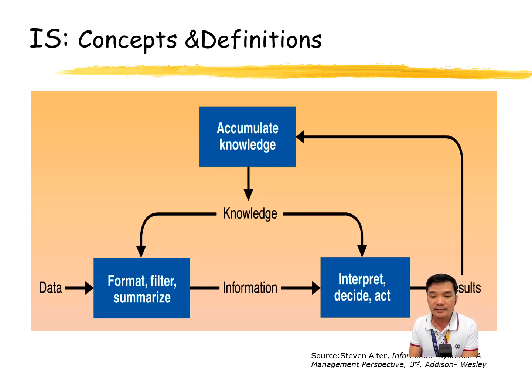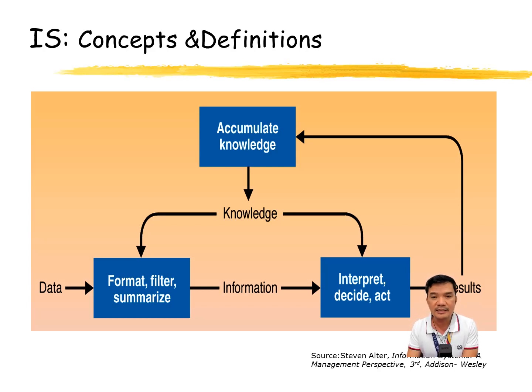Next, we need to interpret, decide, and act. That's the basic definition of information systems supporting decision making. We interpret, decide, and act based on that summarized information, and we get the results. That would be the accumulated knowledge. So we have data, information, and the third one, emphasized here, is knowledge. Knowledge is accumulated, interpreted information or actions.